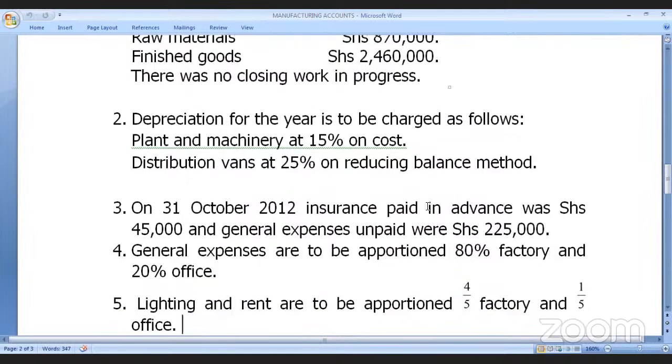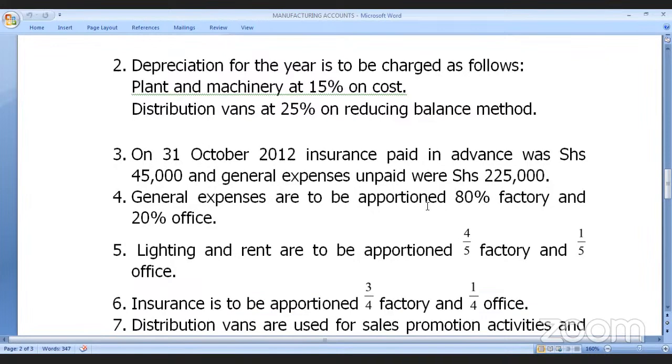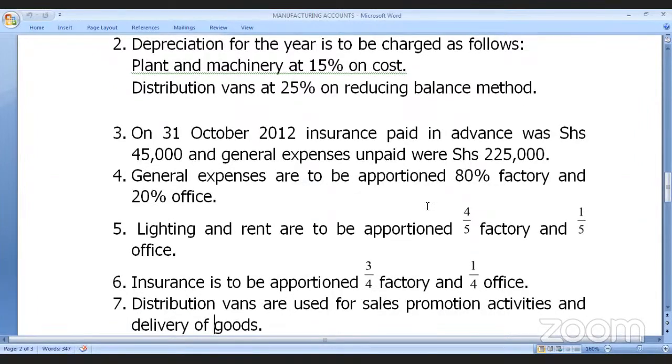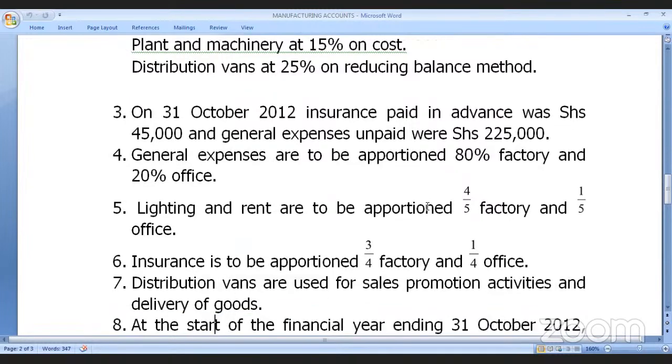Then lighting and rent are to be apportioned 4/5 factory and 1/5 office. Insurance is to be apportioned 3/4 factory and 1/4 office. Then note 7, distribution funds are used for sales promotion activities and delivery of goods.